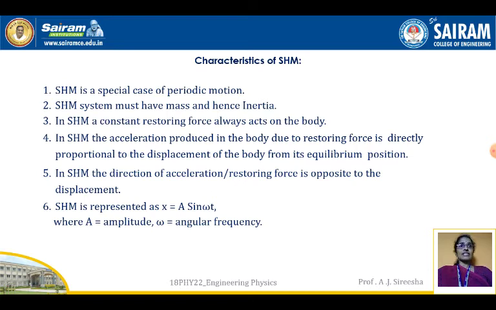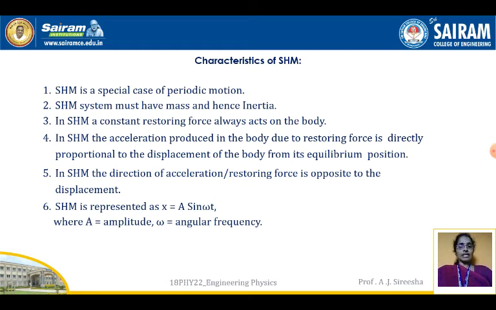We are using a sine function because, if you start from 0, a sine wave reaches a maximum and again comes back to 0, then goes to a negative peak and again comes back to 0. So one complete cycle is a sine wave. Even the sine wave and cosine wave, both are taken to be examples of simple harmonic motion.